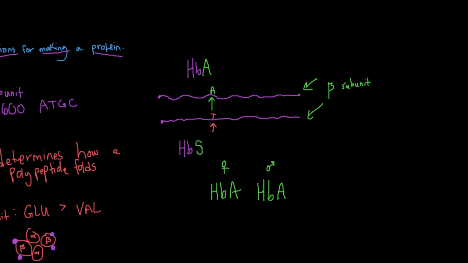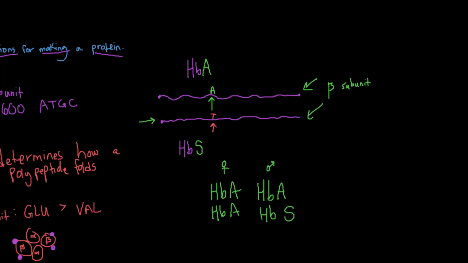An individual who is HbA, HbS has one gene for hemoglobin that looks like this, and their other gene for hemoglobin looks like this. So they have inherited one copy that produces normal beta subunit hemoglobin and one copy that produces sickle cell hemoglobin.